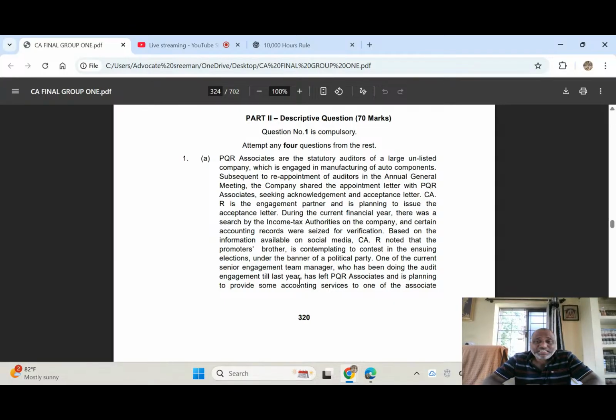The tax authorities on the company and certain accounting records were seized for verification based on the information available on social media. CAR noted that the promoter's brother is contemplating to contest in the ensuing elections under the banner of the political party.